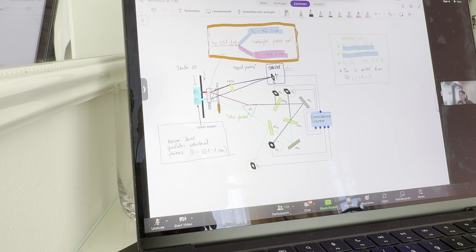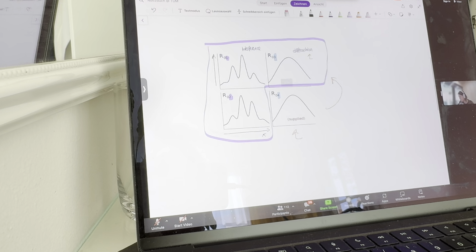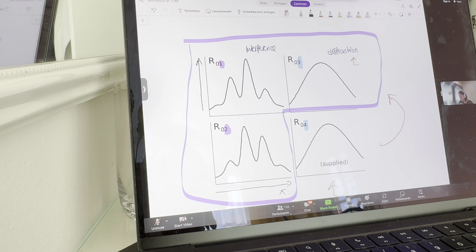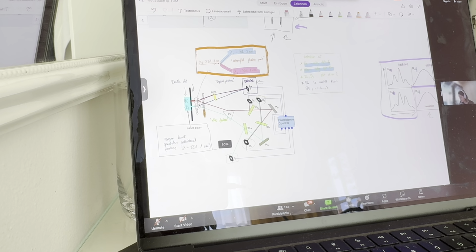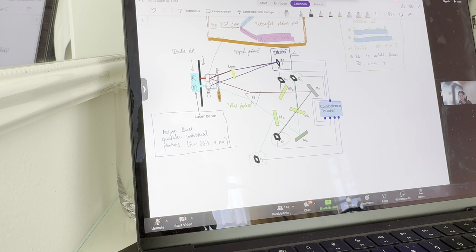What is detected by D0 cannot be changed afterwards, of course. But you will only be able to extract the coincidence rates after the idler photons have been detected, right?